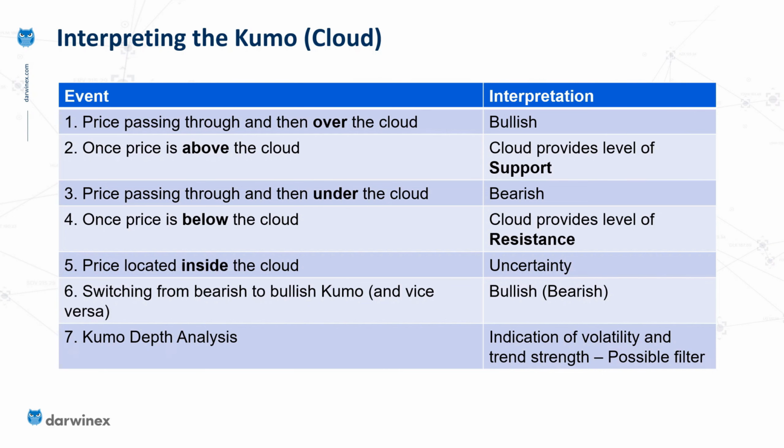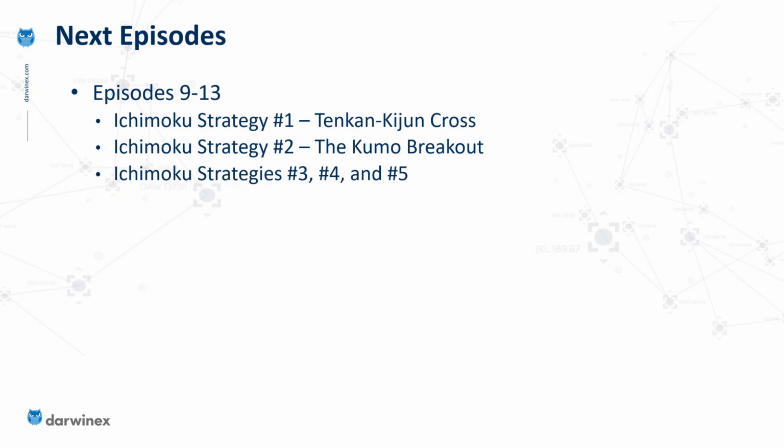Now, in the next 5 or so episodes, I'm going to start putting everything that we've studied so far together for each of the components of the Ichimoku indicator and look at some full trading strategies that use the information that those components provide us with. The first of these that I'm going to look at is what's called the Tenkan Kijun Cross. The second strategy will be the Kumo breakout.